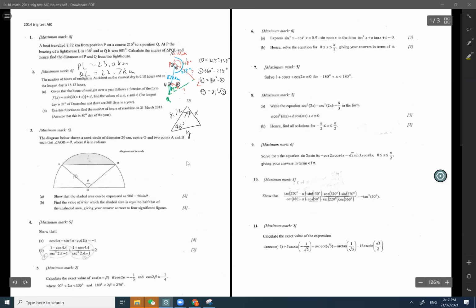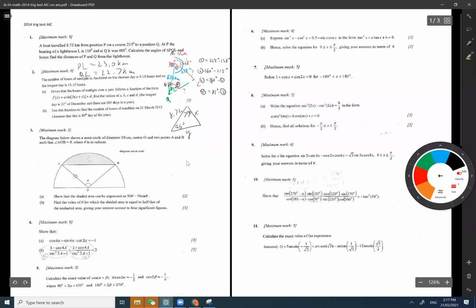Okay, then we try one. This angle is 1, 2, 3, so 57. So sine 57, 8.72.